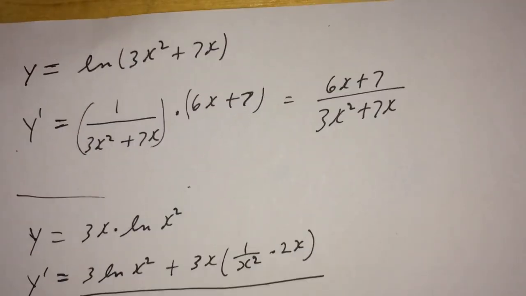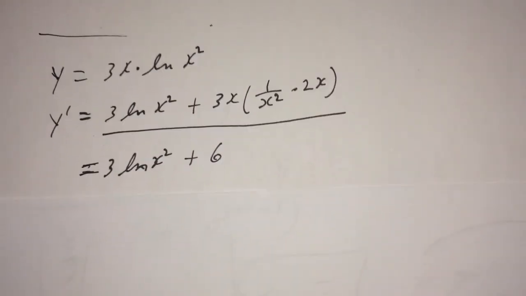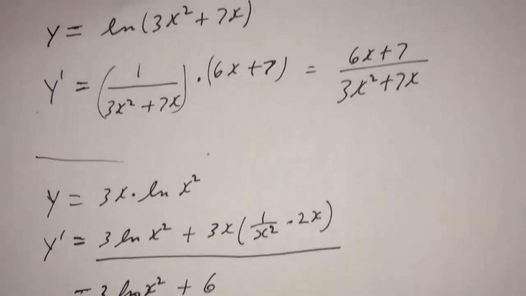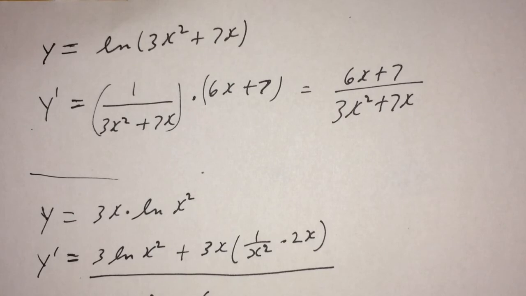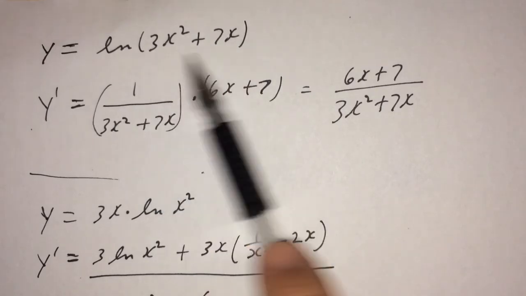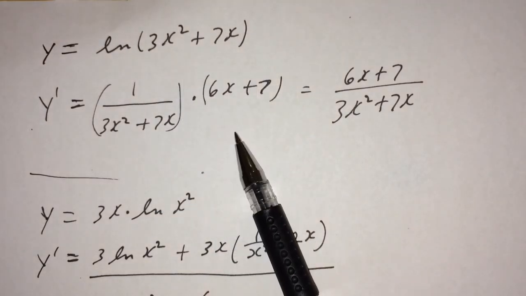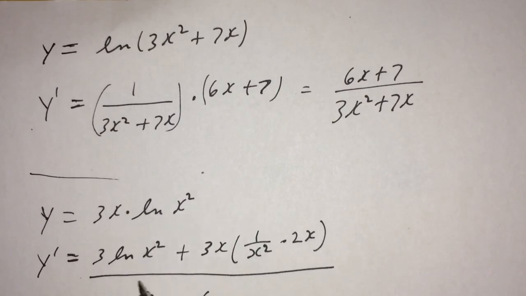Here's another couple of examples that you can look at for logs right here. So there is ln of a polynomial, there's a derivative, and here is a product rule. Okay, simplifies.